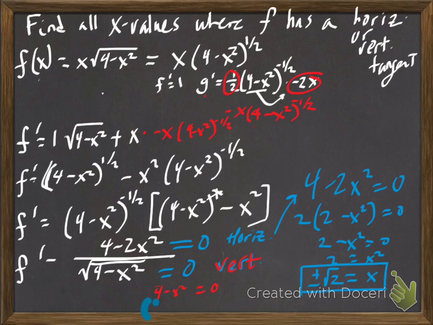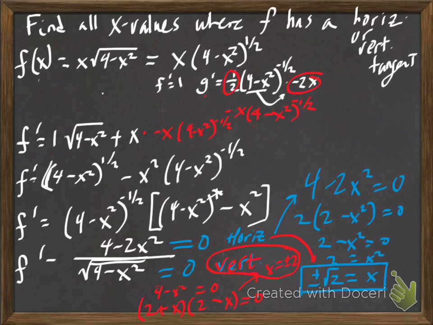So that's going to factor into 2 plus x, 2 minus x, and that's going to give me the answer of x equals plus or minus 2. So my vertical tangents occur at plus or minus 2. My horizontal tangents occur at plus or minus the square root of 2.